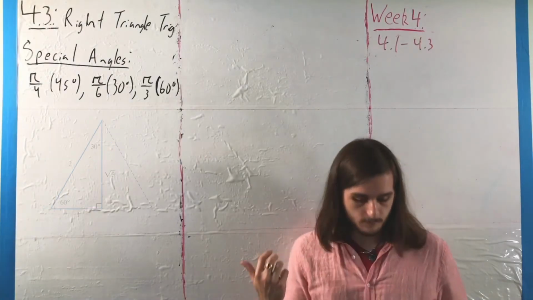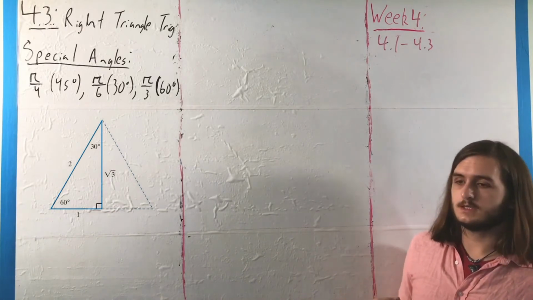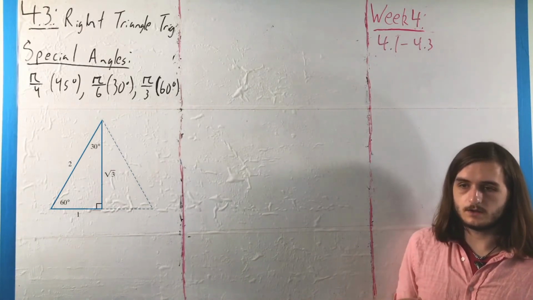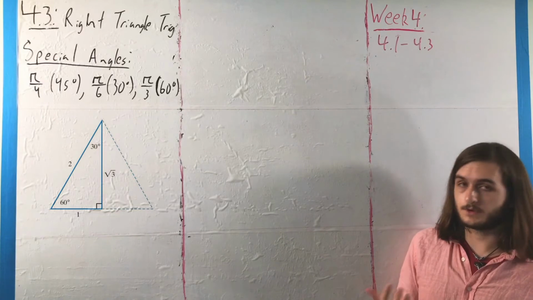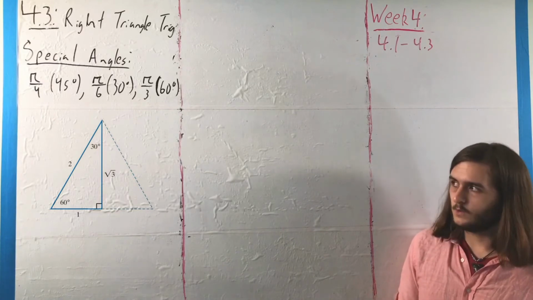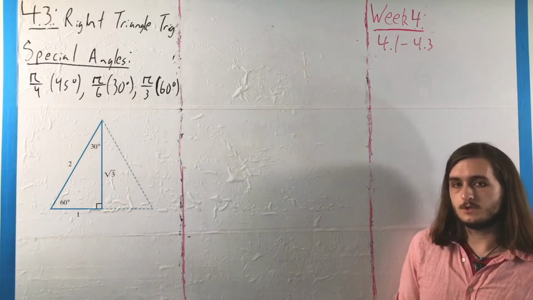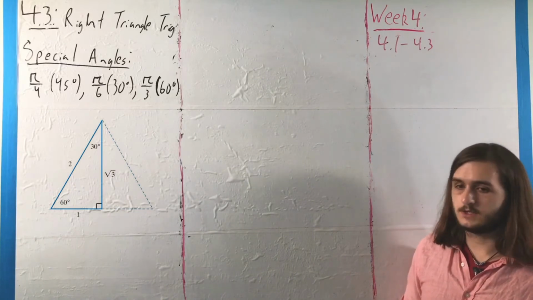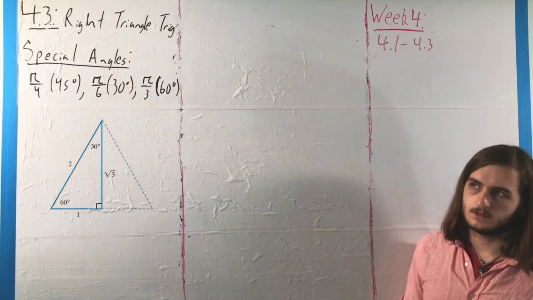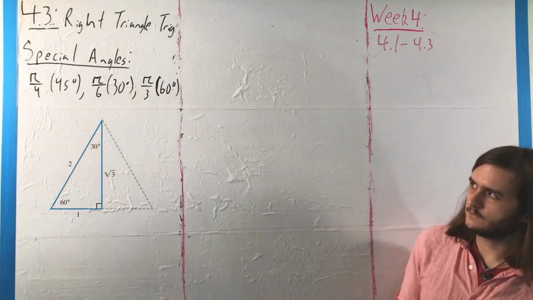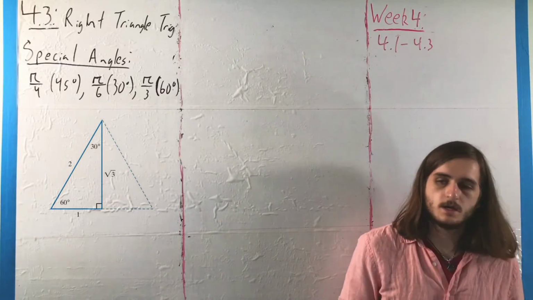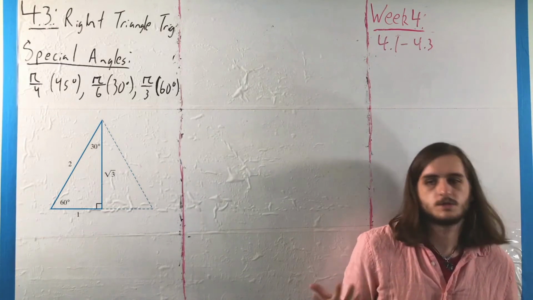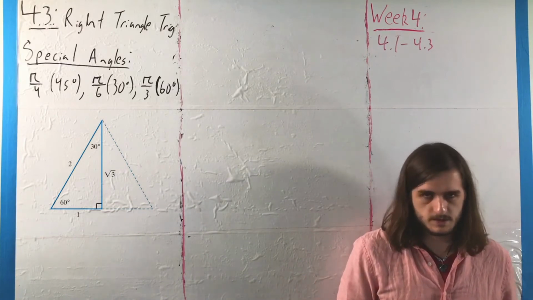And similarly, for the 30, 60, 90 right triangle, the 1, 2, root 3 right triangle, as it were, we can use this to define the values of cosine, sine, tangent, as well as secant, cosecant, and cotangent for those special values, but we're going to focus on the main 3 here and understand that we can get the others with a bit of reciprocation.